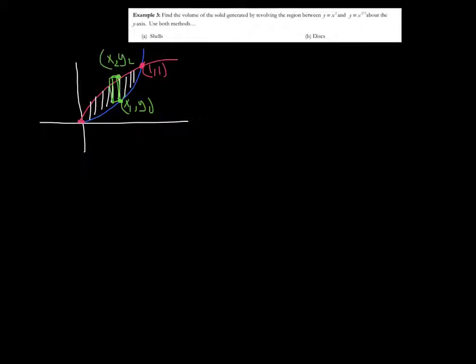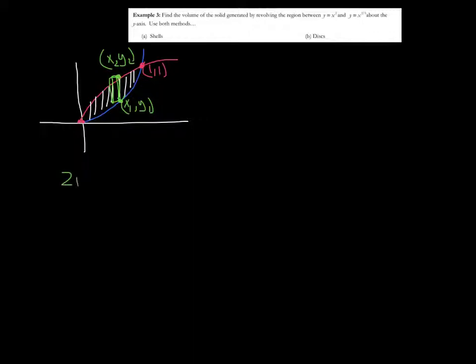And really, x1 and x2 are the same distance from the y-axis, so we really don't need them, but y1 and y2 are clearly different heights, so that's what we need.